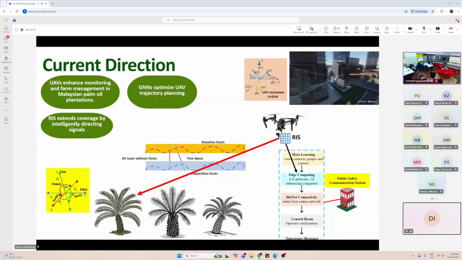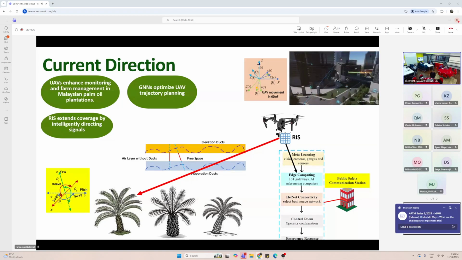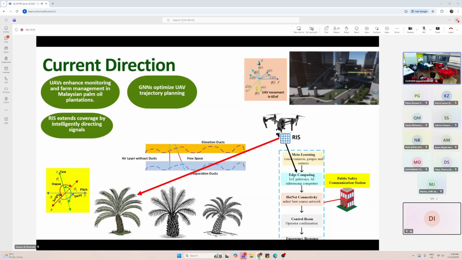We will apply our generative AI models to detect only those ducts of water in the environment which can maintain constructive interference links between the UAV and the ground. And if there is any faulty disease, we can send data to our public safety communication stations.